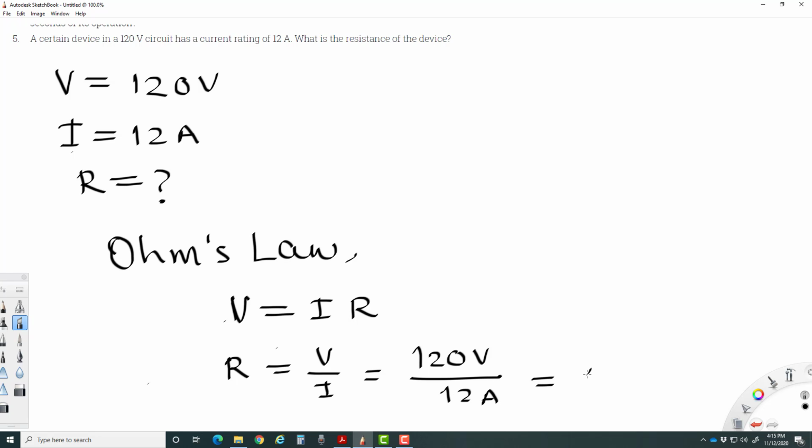That means R would be 10 ohms. This is ohms, that's the unit for the resistance. So we can also write 10 omega. Omega is the symbol for ohms.